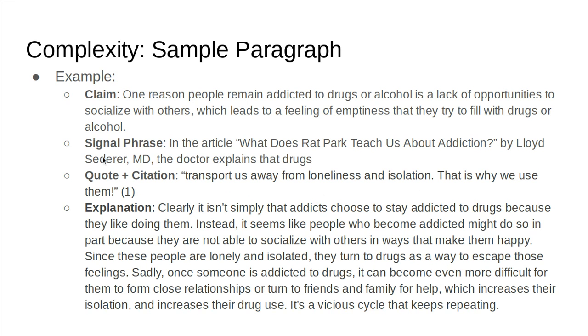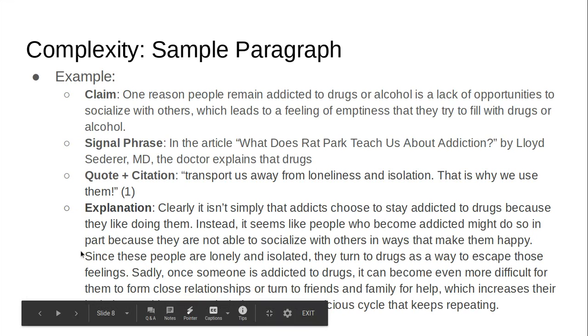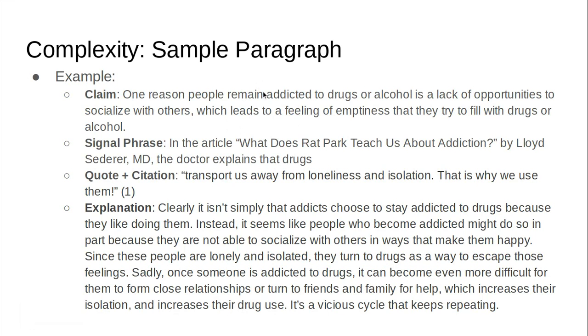So after all of this, then I have one of the most important parts of my paragraph, which is the explanation. This is where I, as a writer, am talking and explaining why this quote is so important and why it supports the claim. Clearly, it isn't simply that addicts choose to stay addicted to drugs because they like doing them.